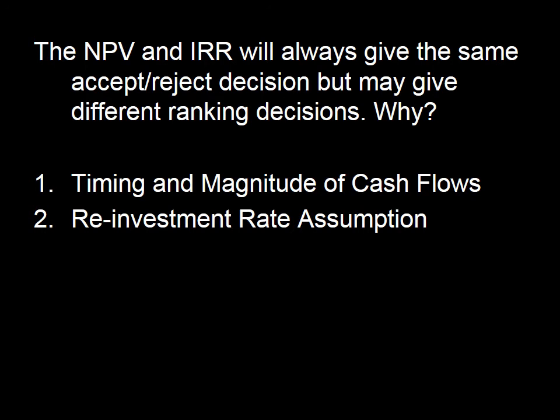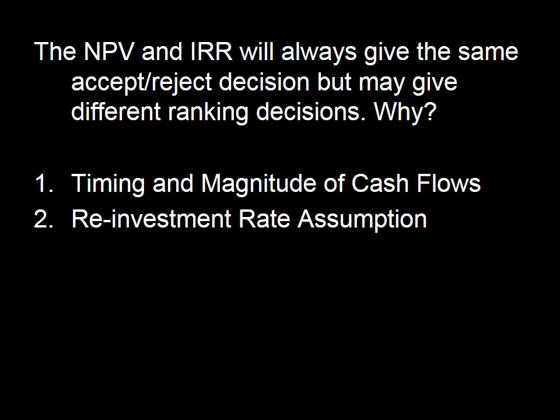Where you could get the difference is, let's say you've got 10 projects and you're ranking them from highest value added to lowest value added. Well, if you rank them by net present value and then you rank them by internal rate of return and then by profitability index, you can get different rankings.